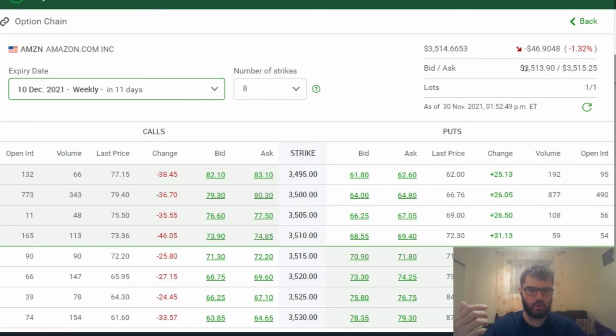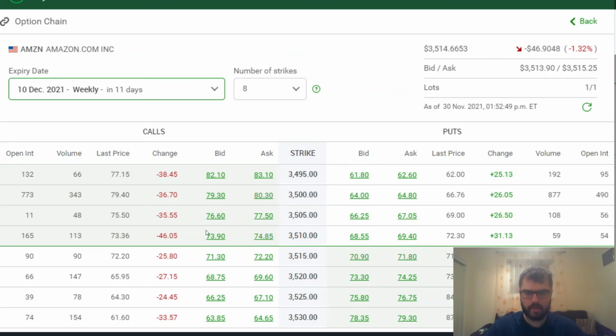Right here you have the price 3,514. The closest at the money is 3,510. If this goes to 3,515, it would hit this strike price right here, and then you would see the greens move down for the calls and also move down for the puts. So this is out of the money, this is in the money, and this would be at the money.